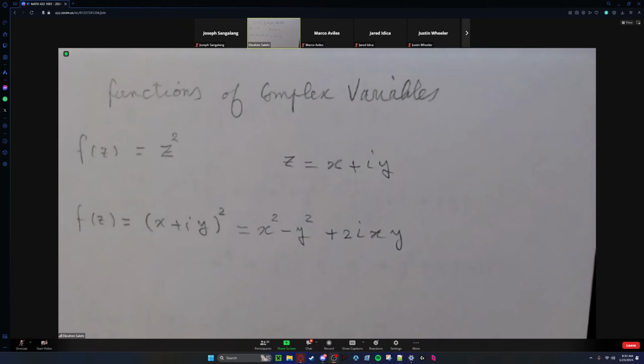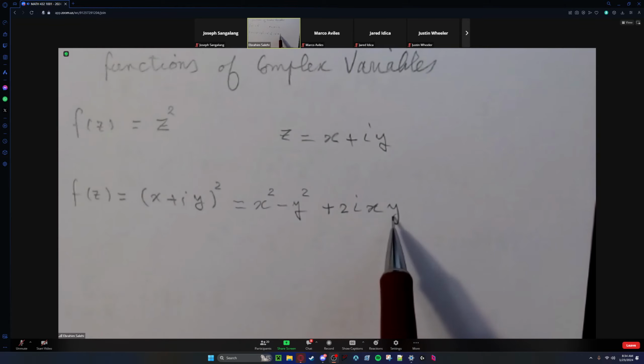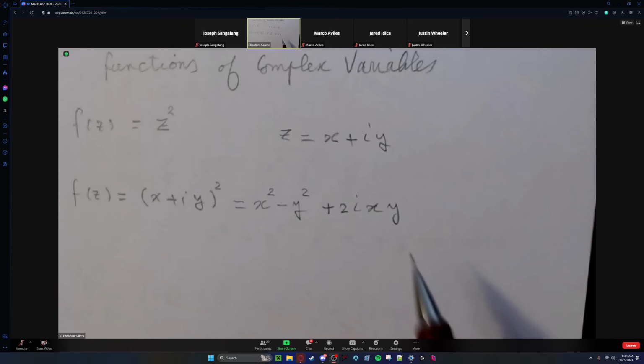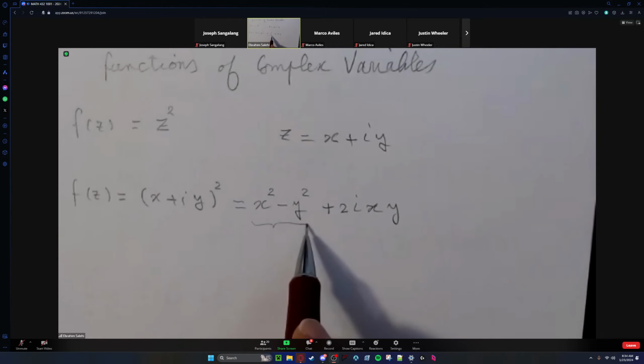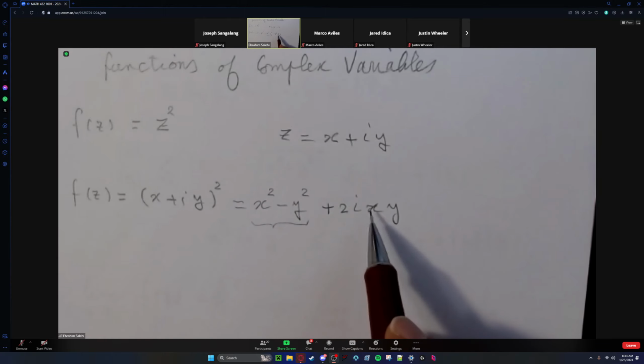Now let's see what happened. Of course, the result here is a complex number, the output, okay? This is called the input, and this is called the output, the value of the function. This complex number has a real part, which is this one, an imaginary part, right, which is 2xy.